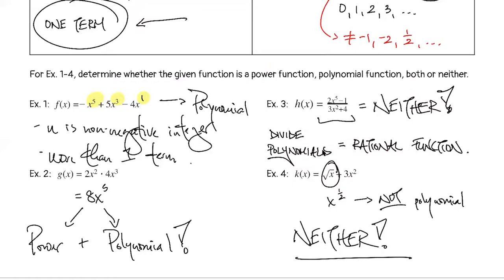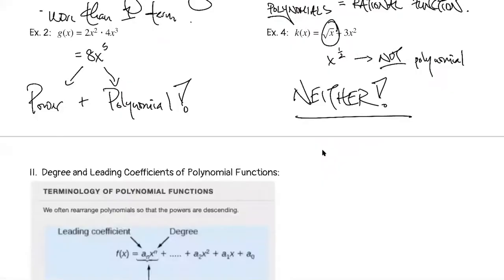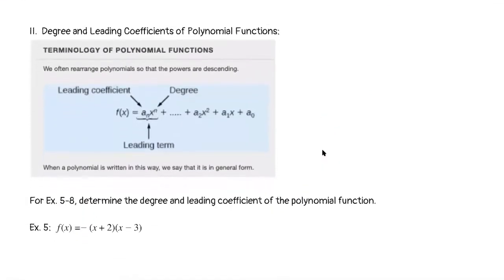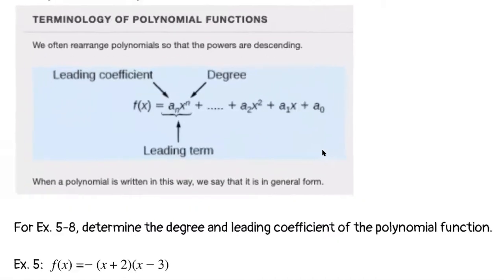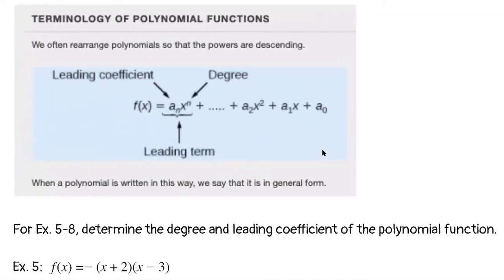All right. There's one last thing I want to talk about here: our degree and leading coefficients. Like I said, we're going to focus on the polynomial functions. That is the focus of 3.3 all the way to 3.6. So let's look back at this definition. Here's this polynomial function. It's got a whole bunch of terms in it, but it could also have only one.